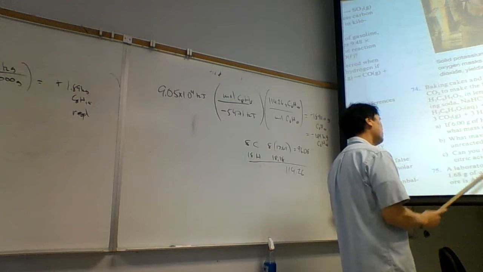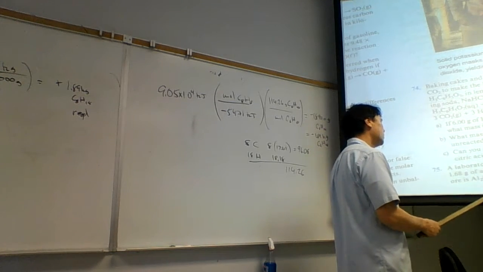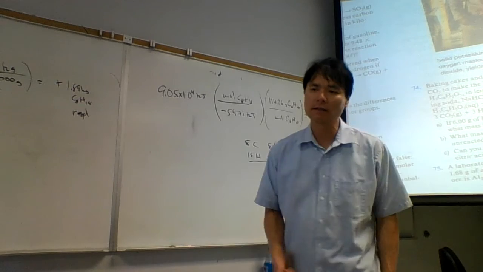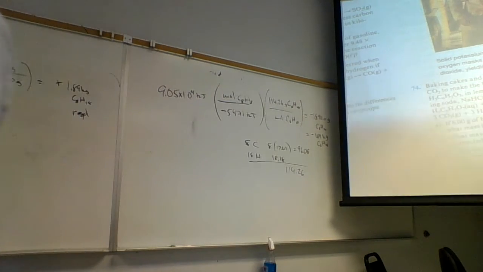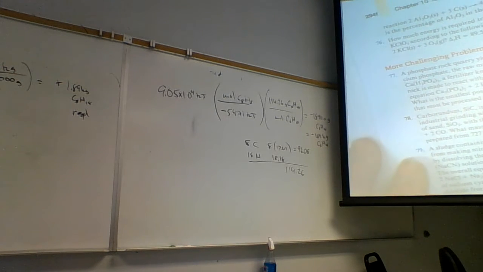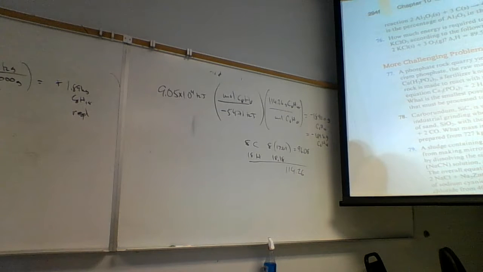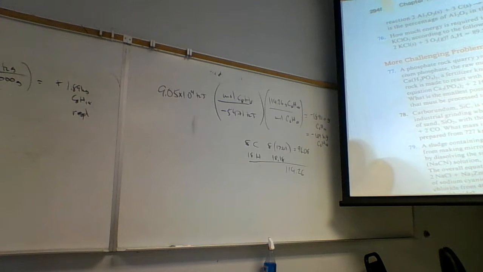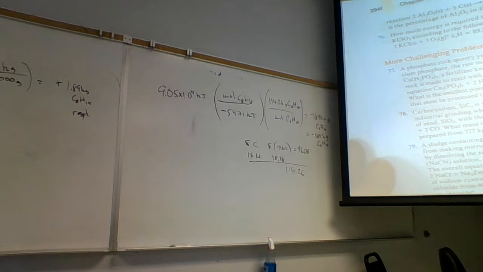If the aluminum compound in the ore is Al2O3 and it is converted to the pure metal by, actually I don't like this problem that much, but by the reaction, what is the percentage of Al2O3 in the ore? Then 76, how much energy is required to decompose 1.42 grams of KClO3?